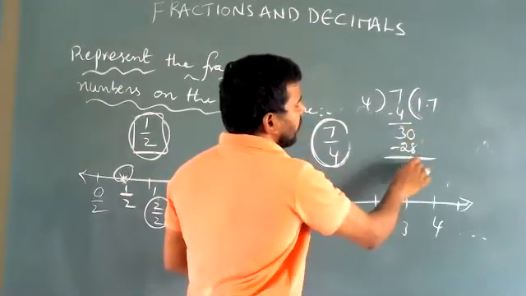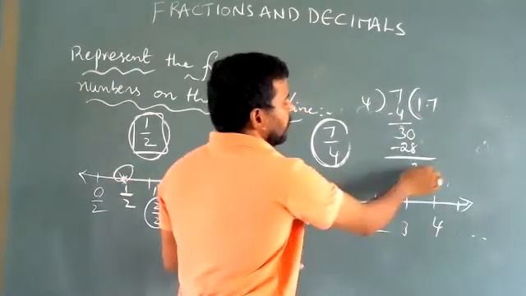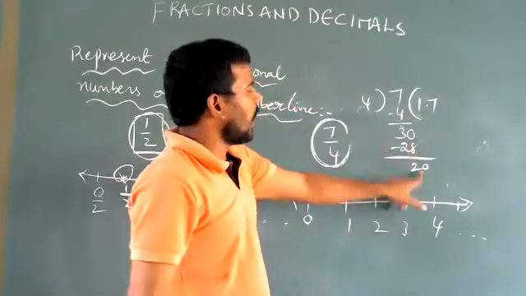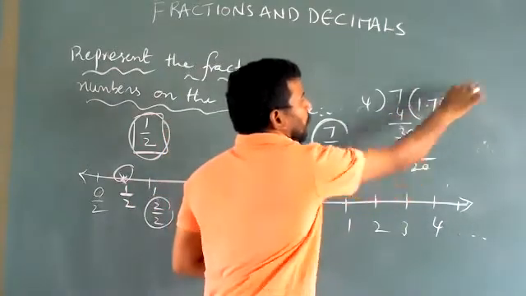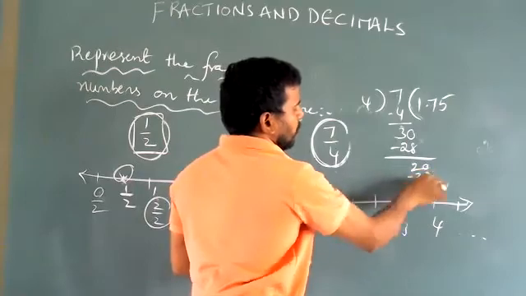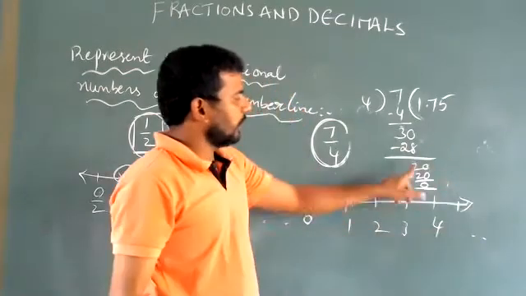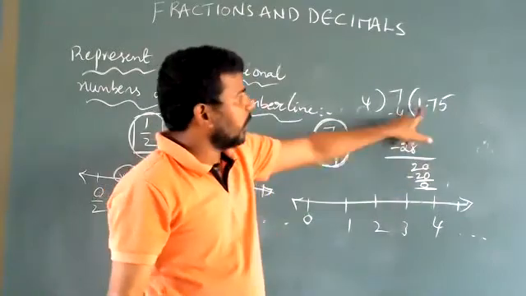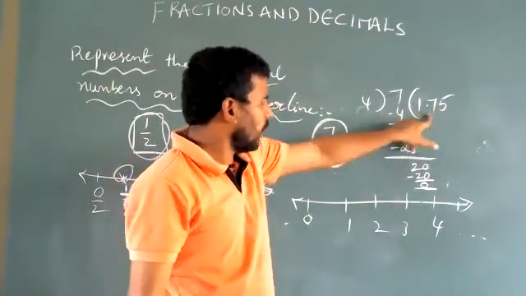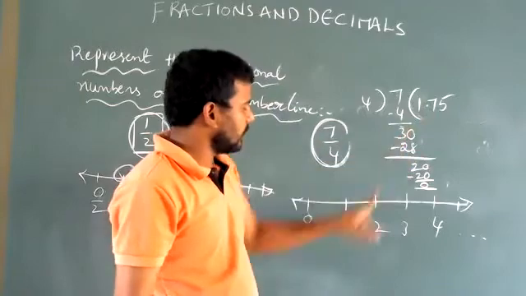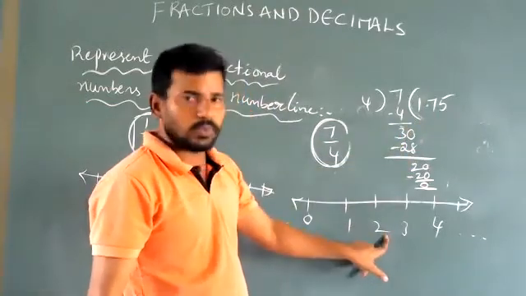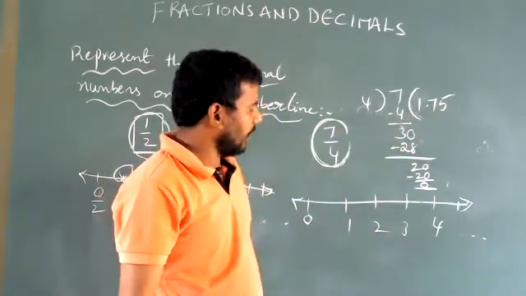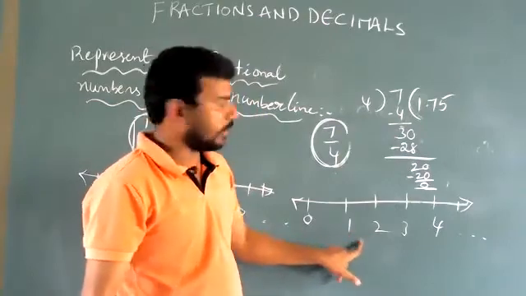Now 30 minus 28, how much? 2. Keep 0. 4 in 20, how many times? 5 times, 20. 20 minus 20. So 1.75. 1.75 means it is there between 1 and 2.